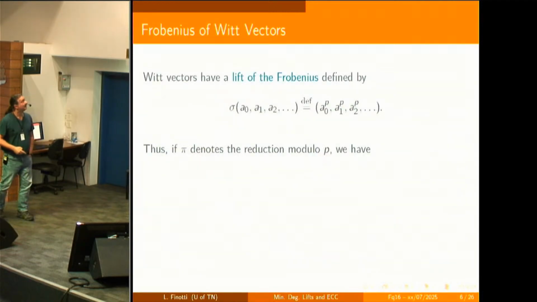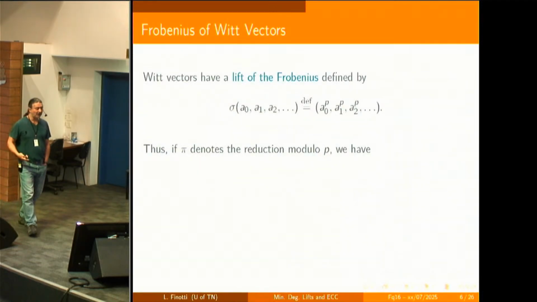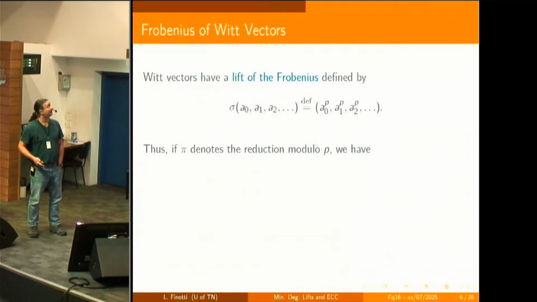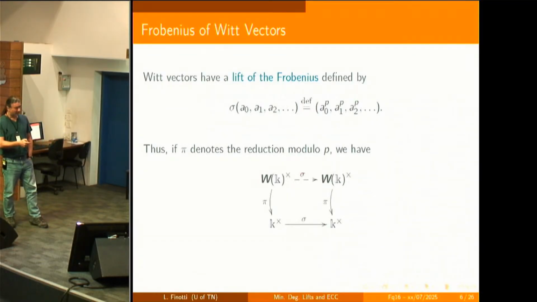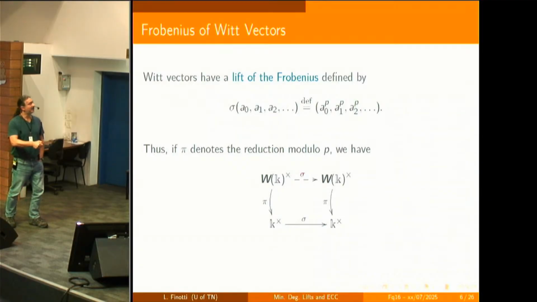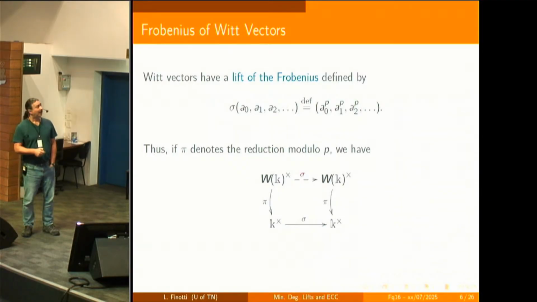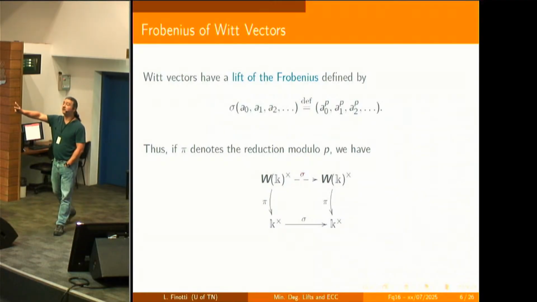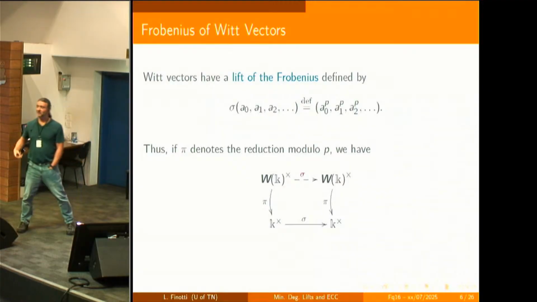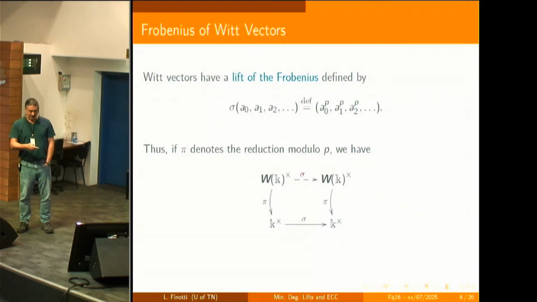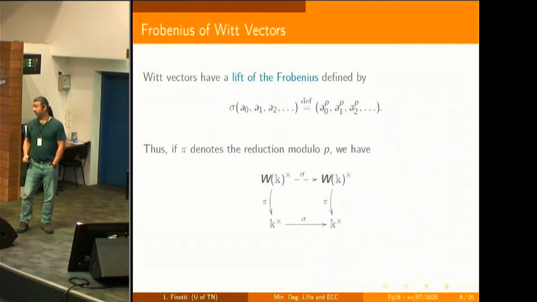All right. So one interesting property that these also have is that you have a lifting of the Frobenius. Whenever you're in characteristic p, you have the natural pth power Frobenius. By raising every single entry of a Witt vector, which is in characteristic 0, to the pth power, what you get is a commutative diagram, where pi is this reduction modulo p, which is just looking at the first coordinate.